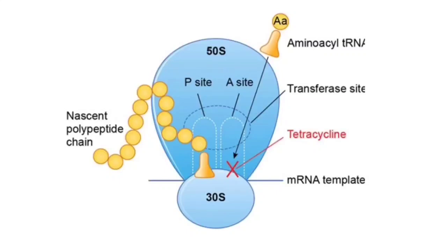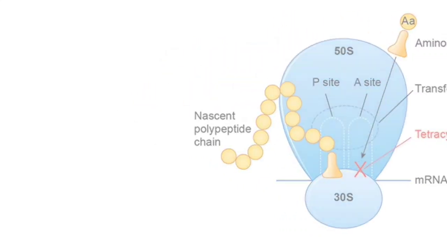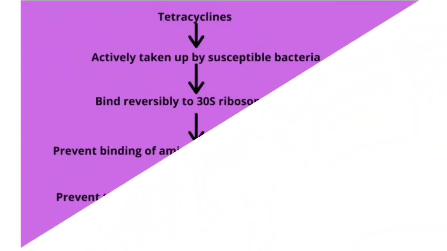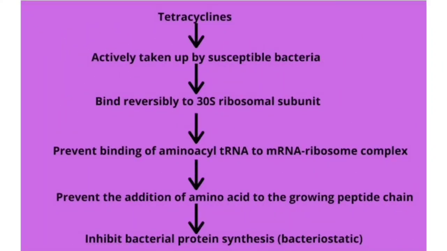The second mechanism involves an energy-dependent active transport system that pumps all tetracyclines across cytoplasmic membrane. Although passage of tetracyclines into gram-positive bacteria is less well understood, it requires an energy-dependent carrier transport mechanism.